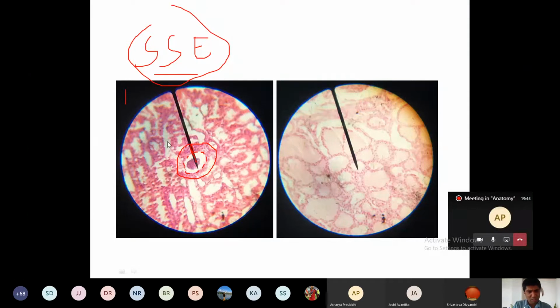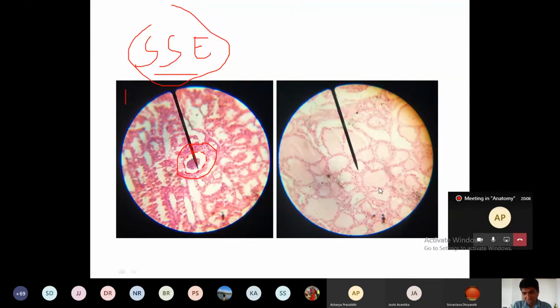You may tell this one, the first diagram, the kidney, section of the kidney. It is right, but for the first MBBS, you need not write kidney. We don't want this answer. If you write kidney, you'll get no marks. So you have to be very particular about your first year curriculum, and accordingly give the answer.